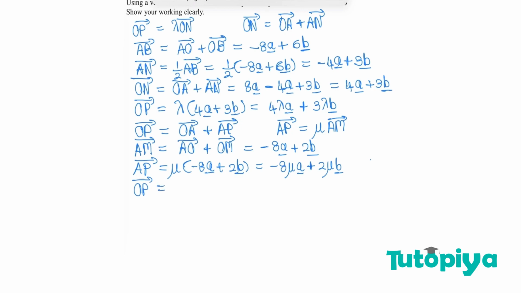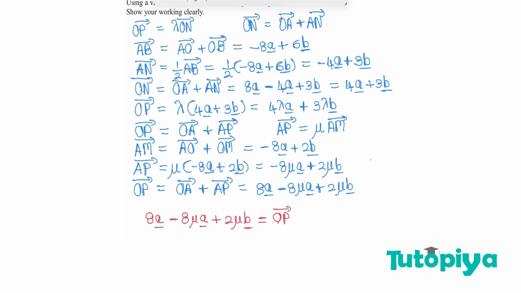So, OP is OA plus AP. So, OA is 8A, AP is what I have just worked out, which is negative 8 mu A plus 2 mu B. So, now from here we have identified that 8A minus 8 mu A plus 2 mu B is equal to OP, but OP is also equal to 4 lambda A plus 3 lambda B, the two expressions that we have worked out here.